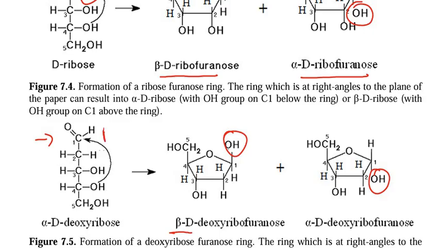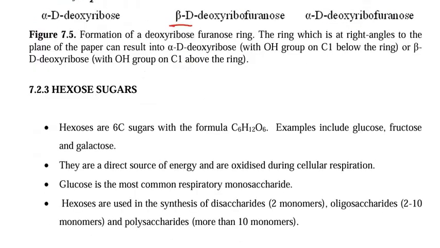This is mostly what you see with monosaccharides. No wonder most of them are in a straight line, because these are a direct source of energy. But for bigger structures, we prefer putting them in ring form because those are energy storage type of carbohydrates. So take note of that.